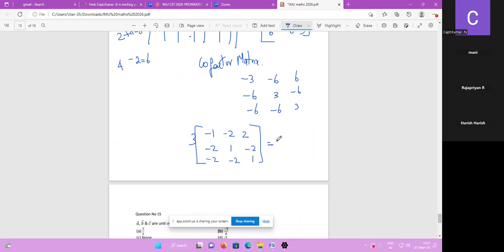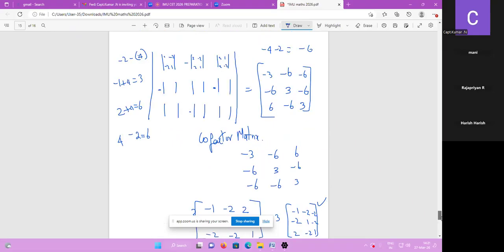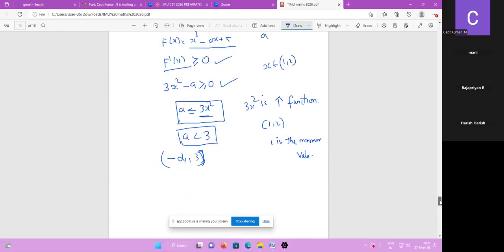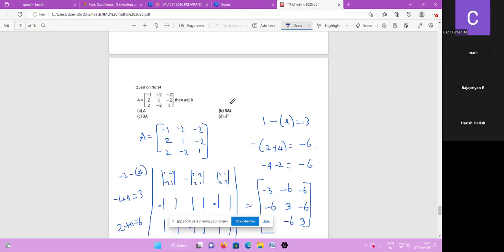This is equal to 3 times, if we change the row and column, minus 1, minus 2, 2, minus 2, 1, minus 2, minus 2, minus 2, 1. So the option is B. Okay, we go to one. So the option is 3A transpose.